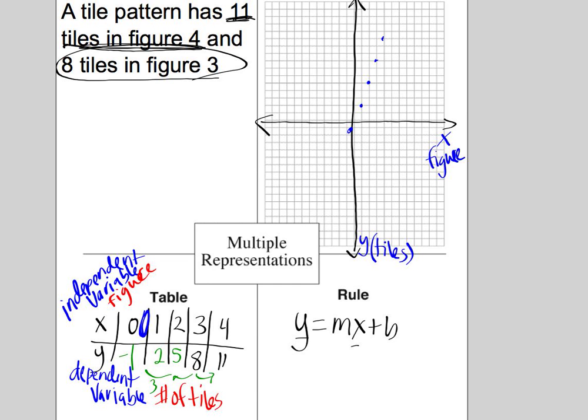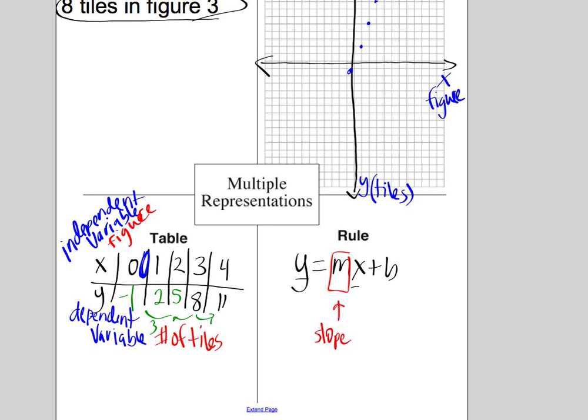It grows by 3. Now that brings us to the rule. This is important that you remember this for next year. M, hopefully you all know that M is the slope. We do have a couple of ways to talk about slope. We call it change in Y over change in X. Remember, how much does it grow by?